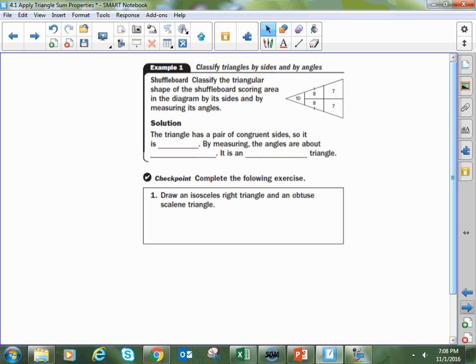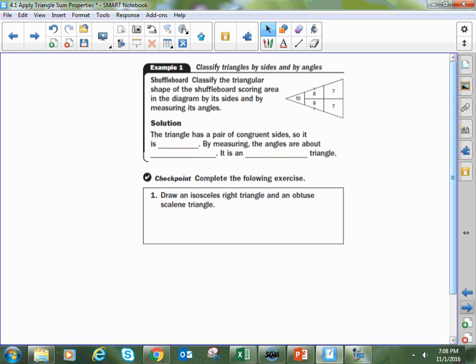So classify it by its sides and its angles. Well, this is not something that I generally like to do, but this diagram wasn't really drawn in any better way, and the question wasn't written in a way that I would like to have asked it, but it does hit the point.